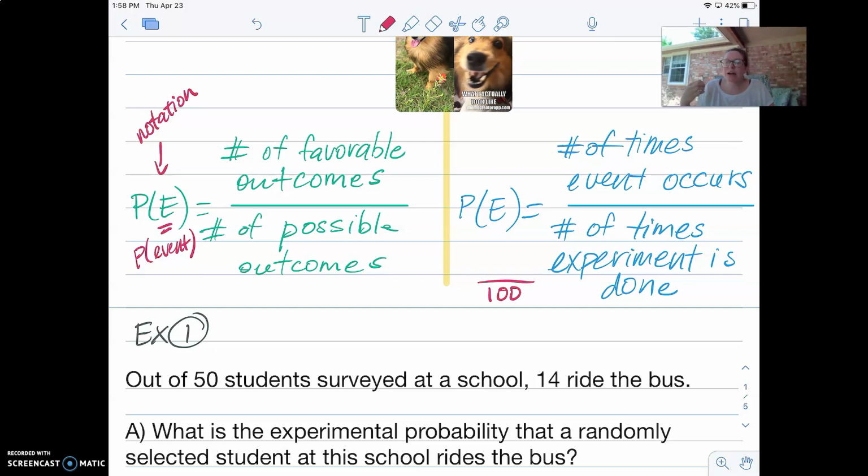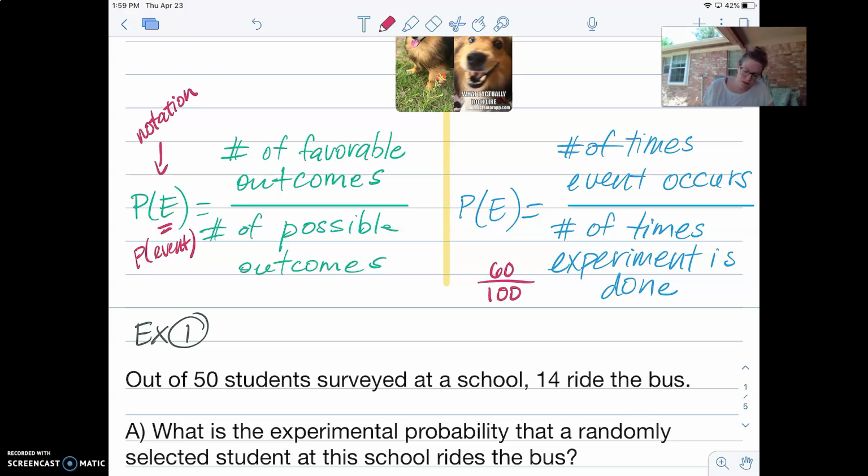Out of the 100 times you're actually rolling the die, it's going to take a long time, you tally up how many times you get an even number. So let's say you did that and you got an even number 60 times. So your probability of rolling an even number in this experiment is actually 60%.